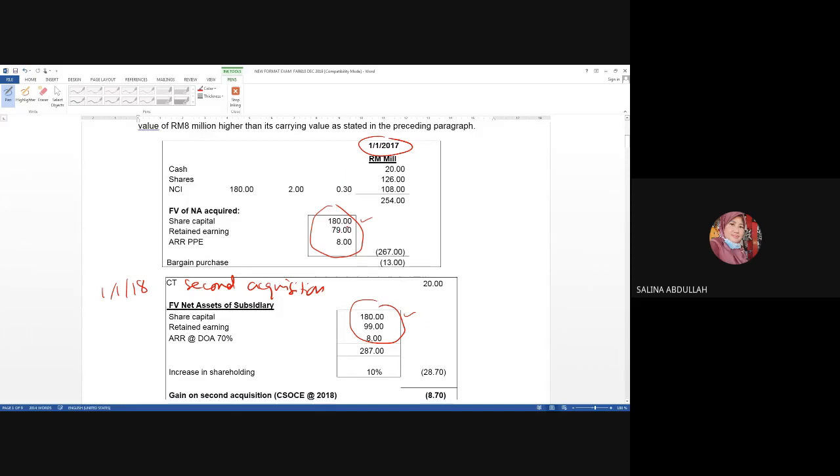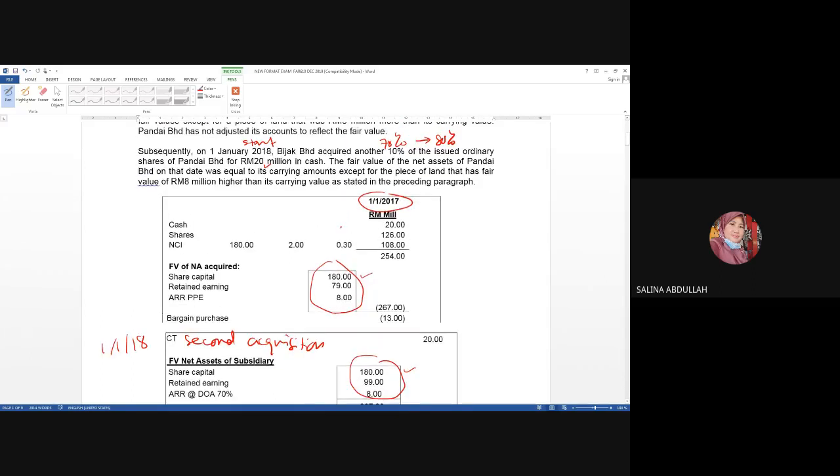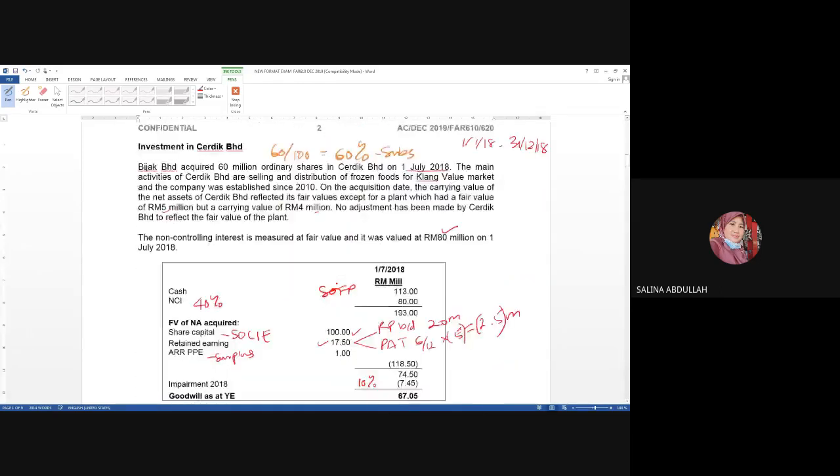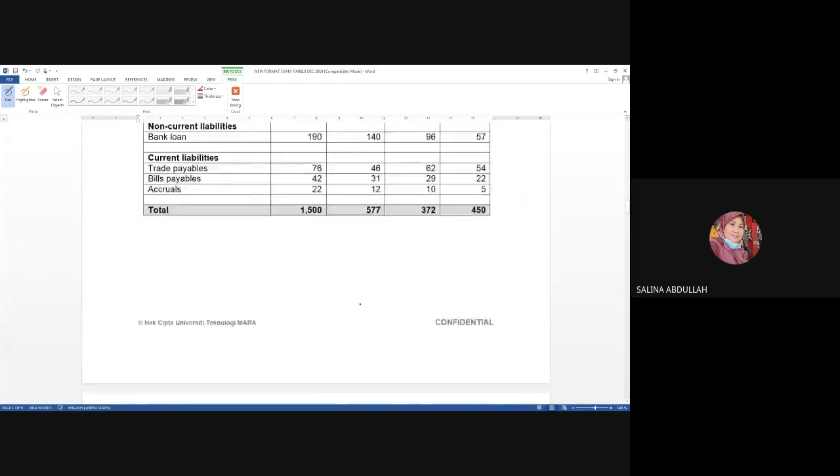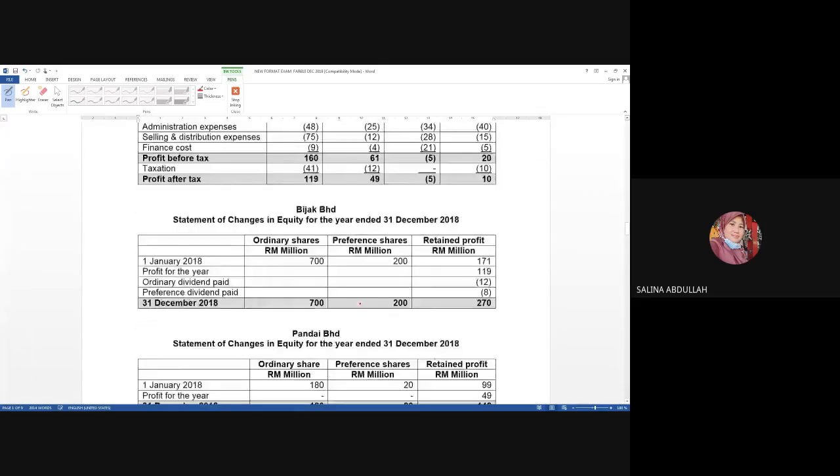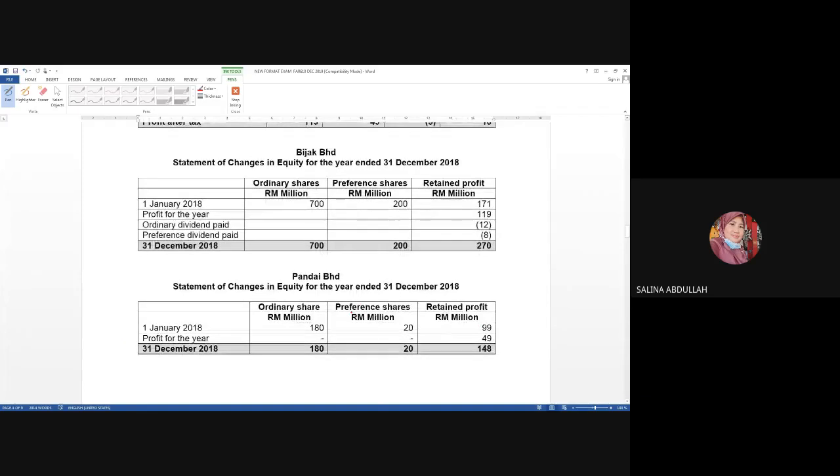The amount of retained profit is not given directly in this paragraph, but you can get the figure in the statement of changes in equity of this S1. You can see here, given 1st January 2018, exactly the first day of the accounting period, 99.